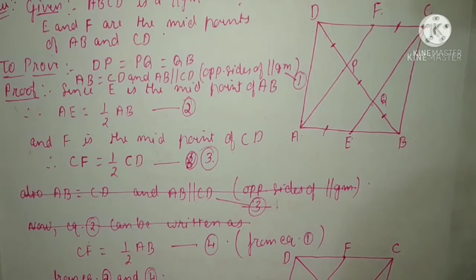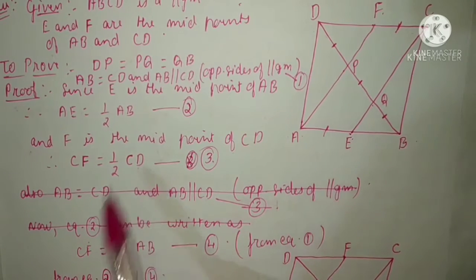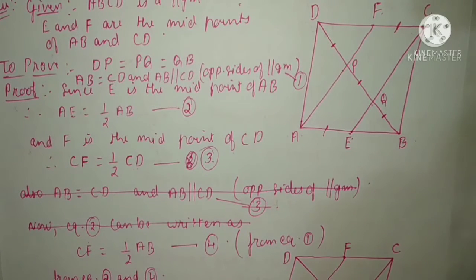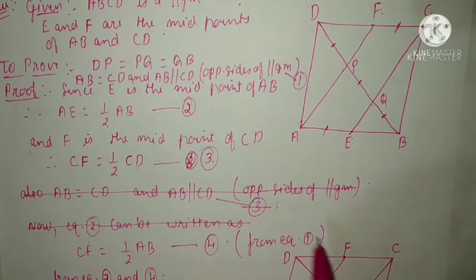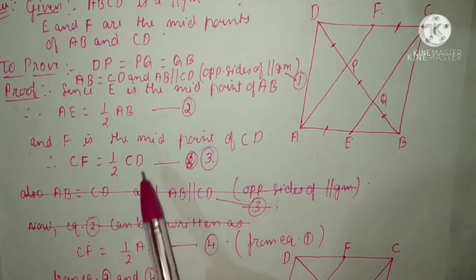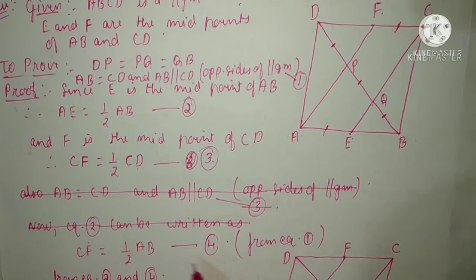So instead of CD here we can write AB. So CF is equal to half AB. From equation number 1, because AB is equal to CD, instead of CD we have written AB. Name this equation as equation number 4.